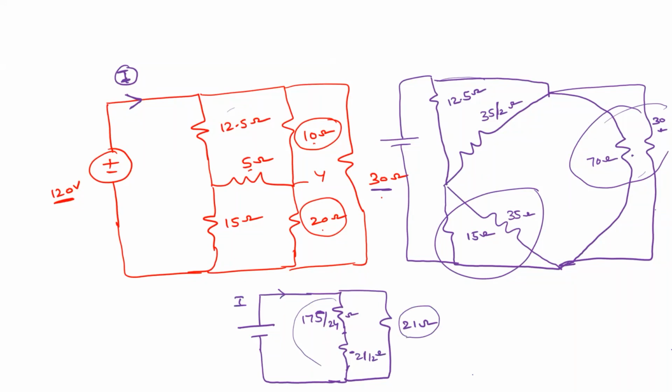It's easy. This 175/24 is in series with 21/2, and the entire combination is in parallel with this 21 ohm resistor. Clear? So this is how we'll solve the problems.